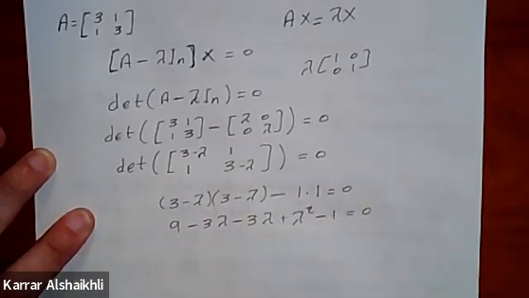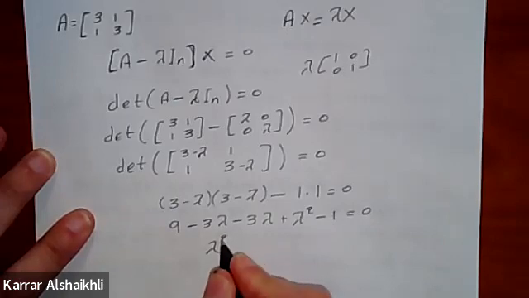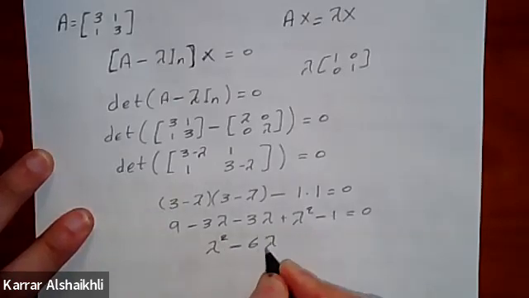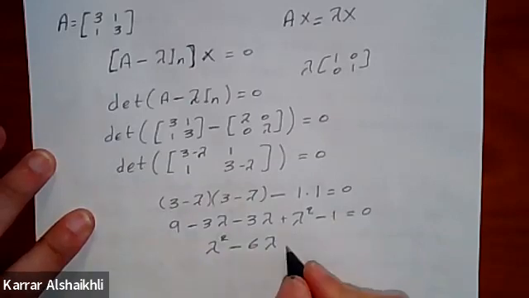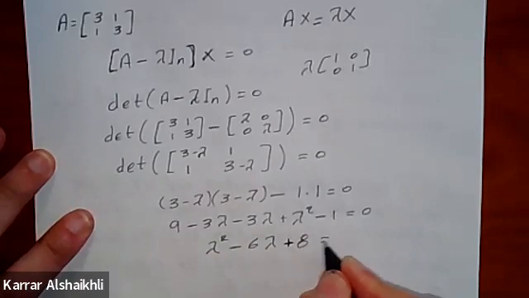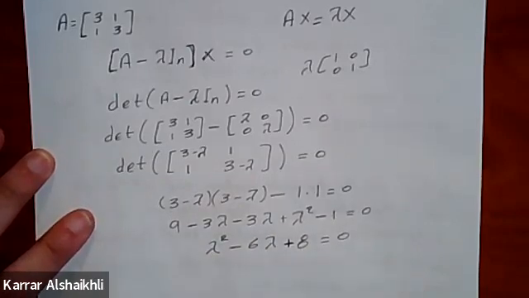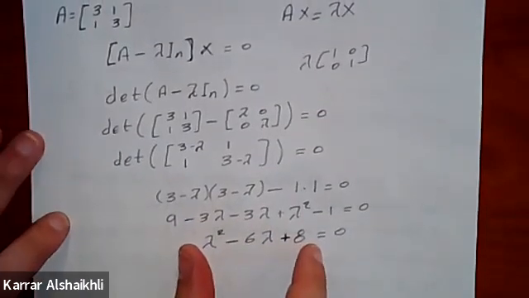Now I'm just going to rewrite this one again and combine the like terms. So it's going to be lambda square minus 6 lambda, 9 minus 1 is going to be plus 8, is going to be 0. Now I need to factor this one.